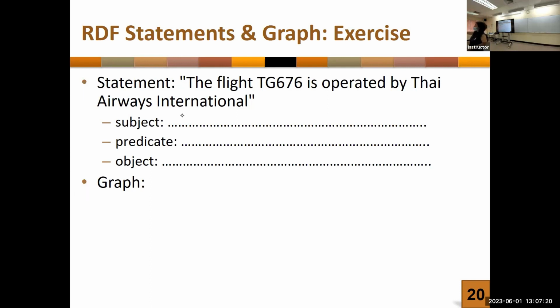Every time, try to use the standard URI form. Not just say TG something, but make it a standard URI form. If you can search what is really available for Thai Airways, for example, do it. But otherwise, make up some example URI, mock it up. That's fine too. The predicate must also be a URI. If you can find some standard vocabulary that can be used to represent airline and flight, that'd be great too.